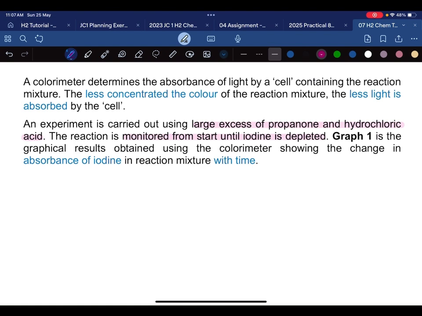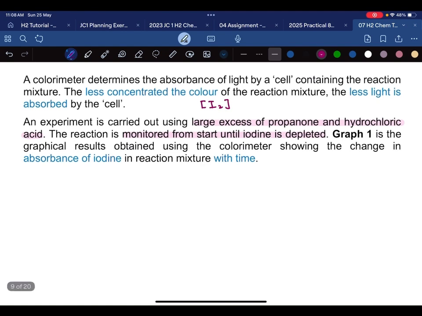So as the color of my iodine fades over time, less light will be absorbed by the cell. So in other words, when it gets less concentrated, the cell absorbance value will be different, right? So it means that the concentration of my iodine is directly proportional to the absorbance value that is measured.